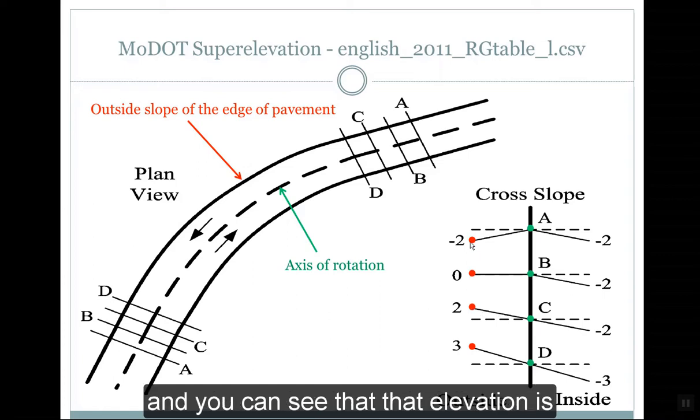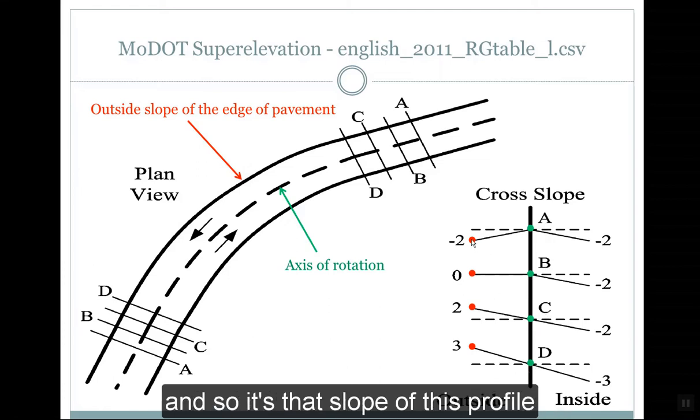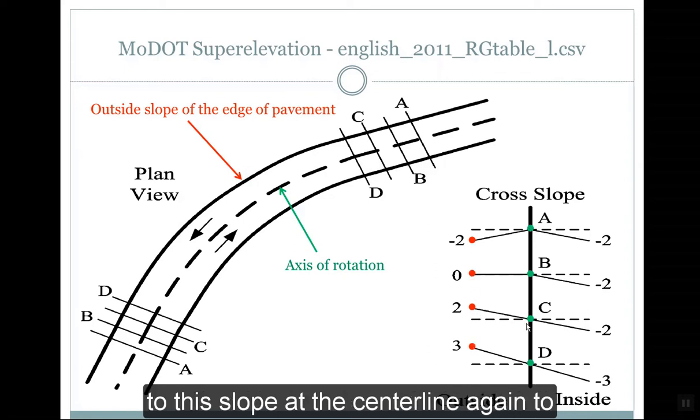You can see that elevation is getting higher as it goes through the sections from AA to BB to CC to DD, and so it's that slope of this profile of the edge of pavement relative to this slope at the center line.